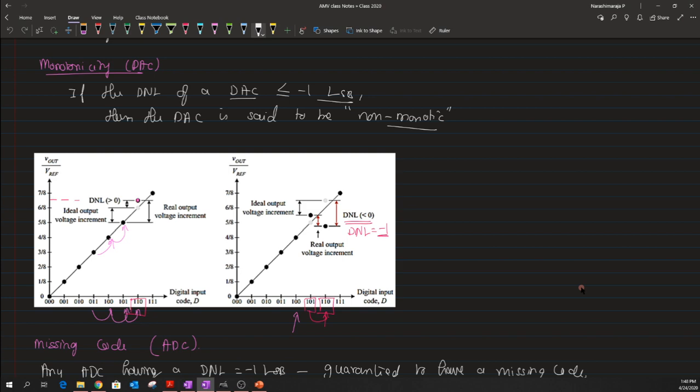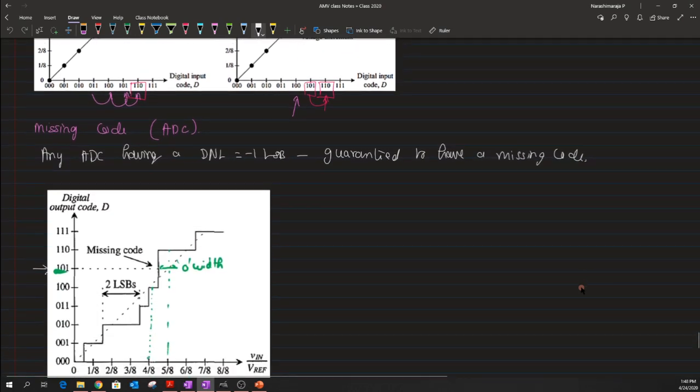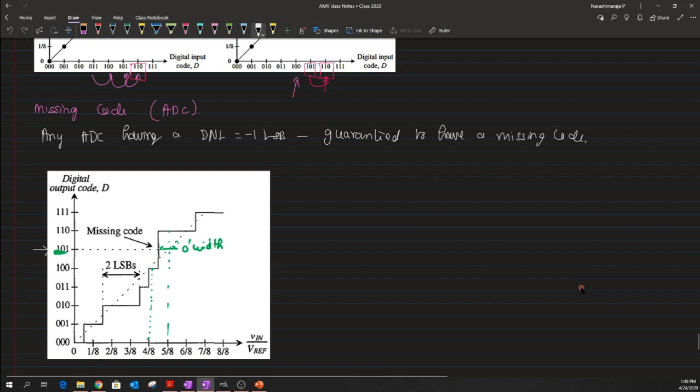So this is what was discussed in the last class, and later on we moved on to the second parameter, which is labeled as missing code, and that is related to the ADC data converter. I think I was about to explain how this happens.